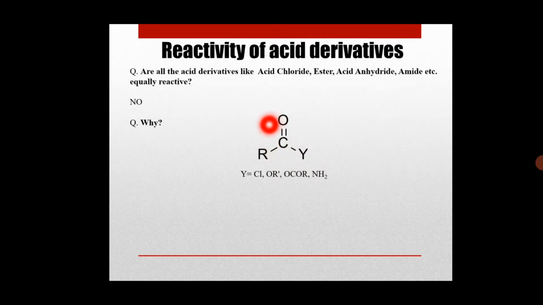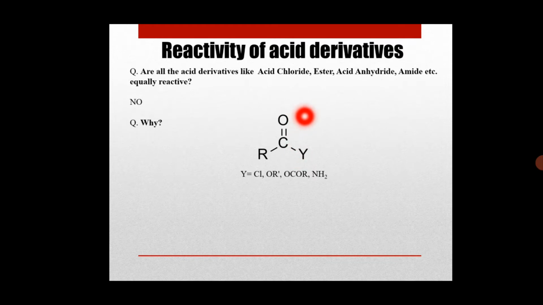This C=O double bond is made up of two atoms which are having different electronegativity. Oxygen is more electronegative than carbon. And since oxygen is more electronegative than carbon, it pulls the pi electron more towards the oxygen.